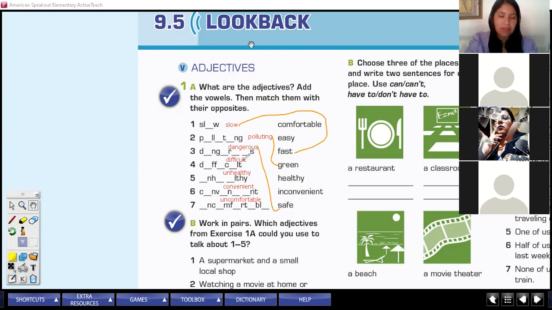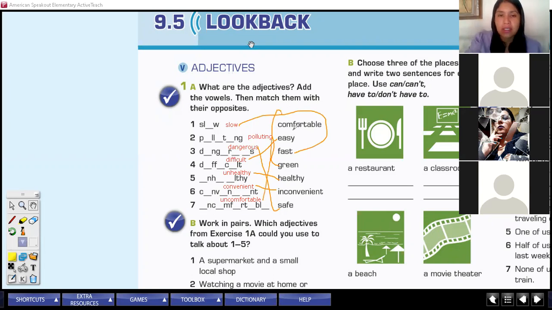The opposite of difficult? Easy. Easy, good job. The opposite of unhealthy? Healthy. Of convenient? Inconvenient. Good. And the opposite of uncomfortable? Comfortable. Comfortable, very good. Okay, good job.